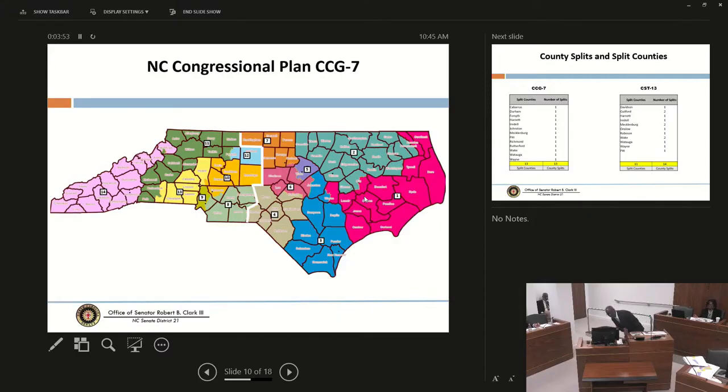Let's see, Richmond, then Montgomery, and back to Stanly, where I still don't have enough population. And then I group in some of the southern portion of Cabarrus County. And that provides a congressional district that lies pretty much almost completely encased within that eastern portion of the Greater Charlotte metropolitan statistical area that we talked about previously.